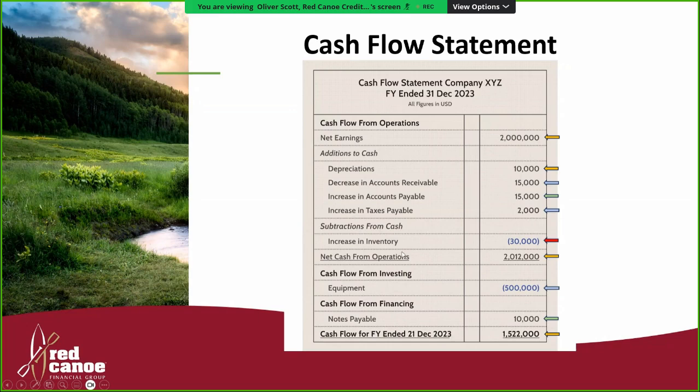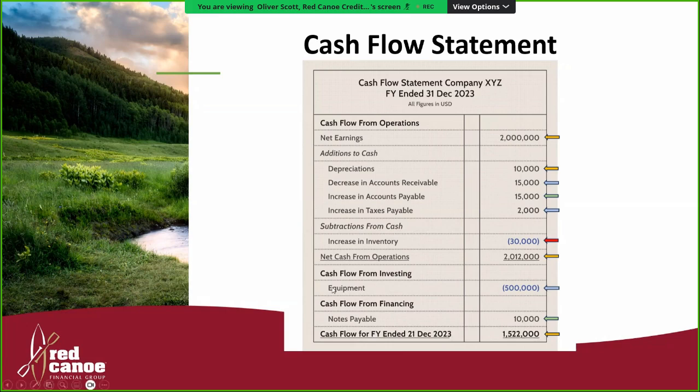Then you subtract the increase in inventory, and you get your net cash from operations. Now, usually, at least from a credit analysis point of view, this is the number that we're interested in, right? Because it shows the health of your company based on just the operations of the company.